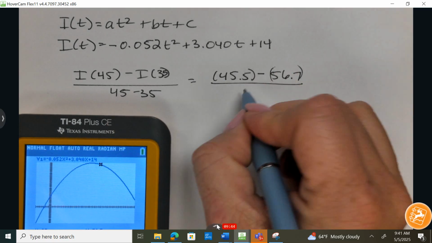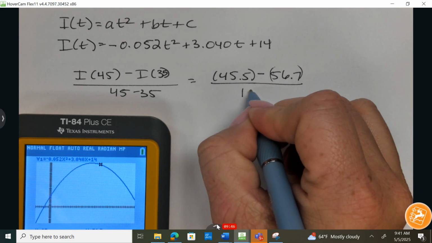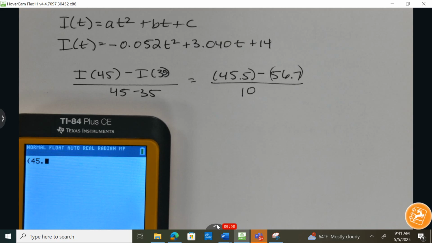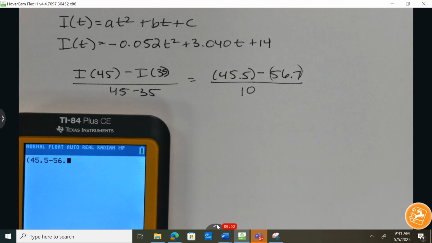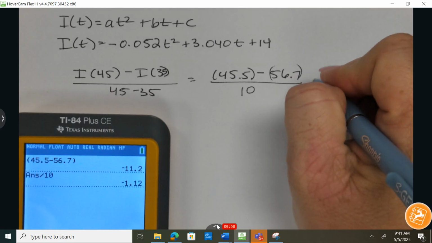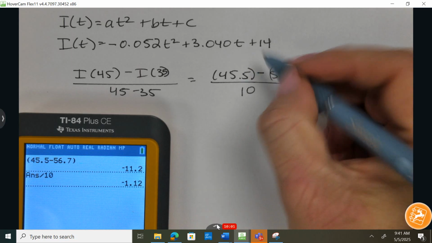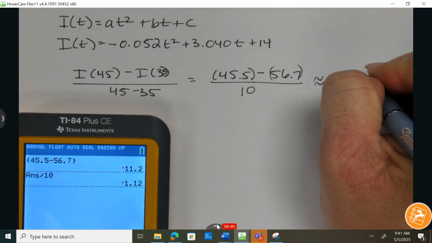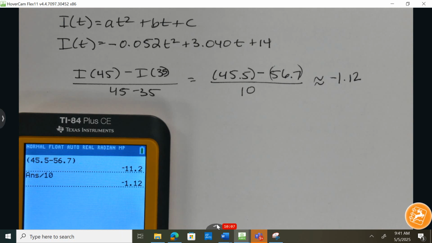On the bottom, I know 45 minus 35 is 10. And we have an answer of approximately, I said approximately because I know that I rounded here, negative 1.12. And now I need to actually label what does this mean.